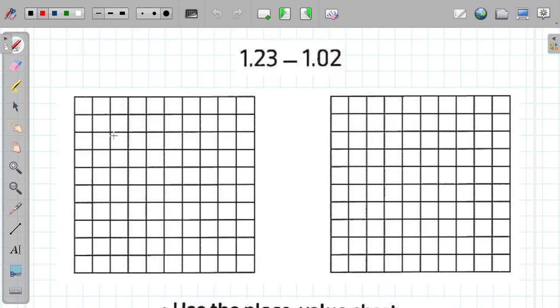So I will shade the model with the first number here, 1.23. So I will shade all of this square. So I will shade all 100 parts here first to represent the whole one. Okay, so it will be like this.